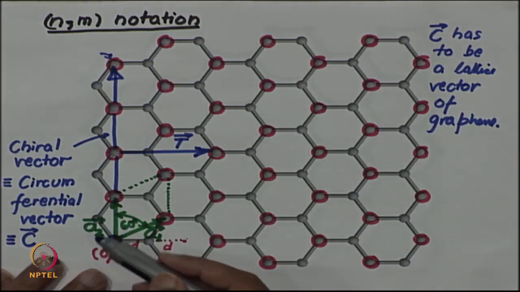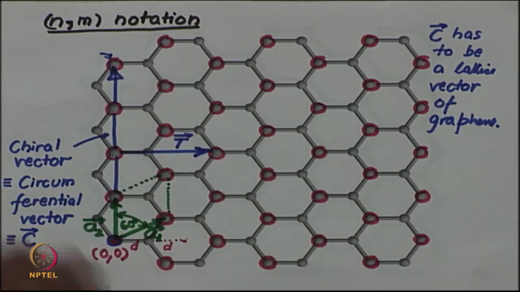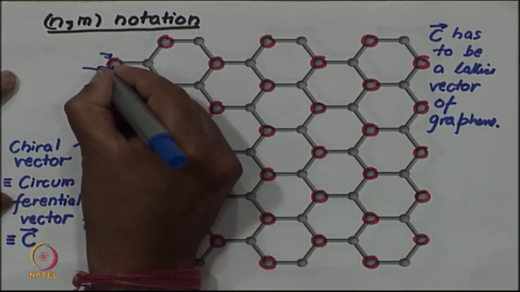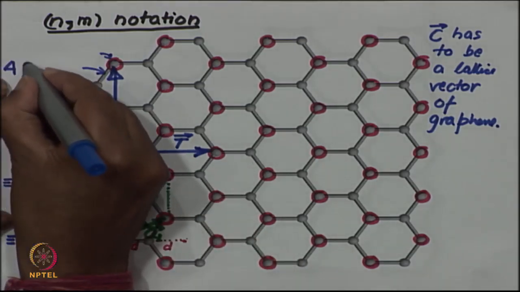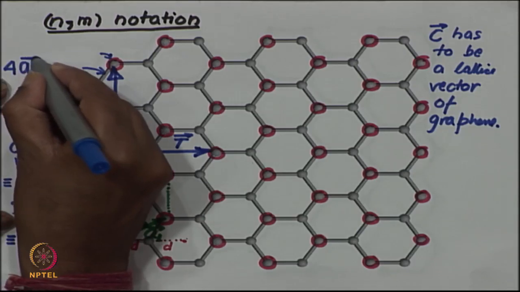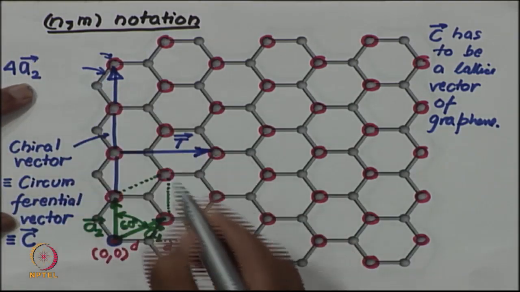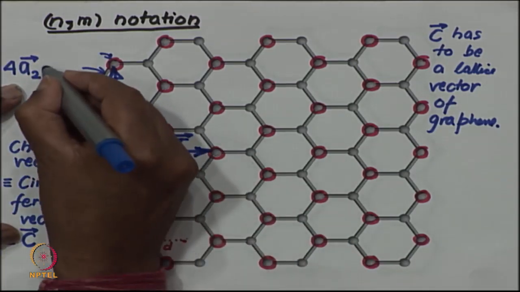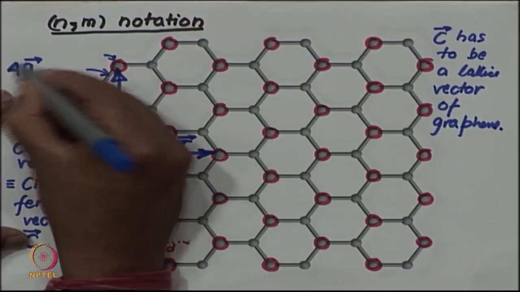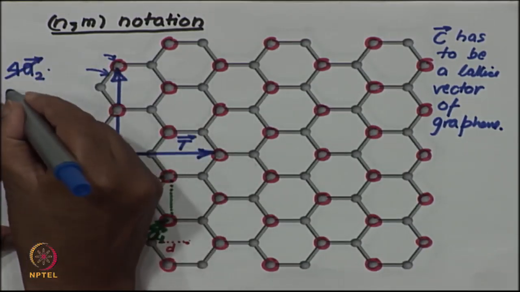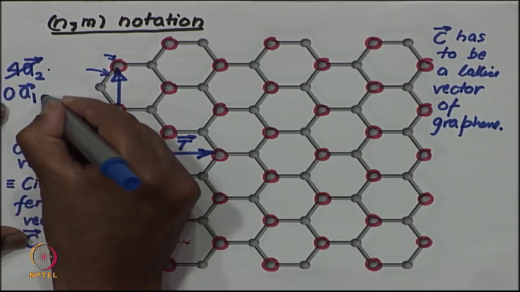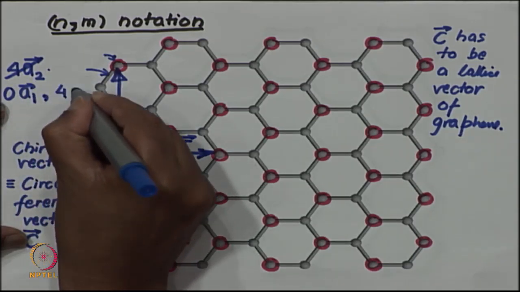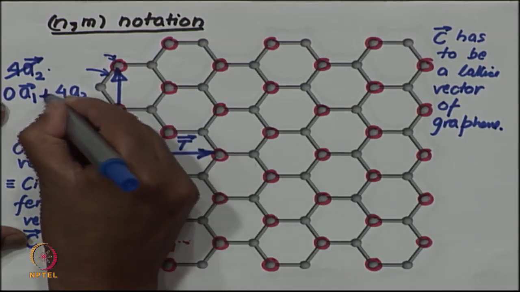In particular, you can see that this particular chiral vector I have drawn is 0 times A1 and 4 times A2. Sorry, I should write A1 first. So, 0 A1 plus 4 A2.